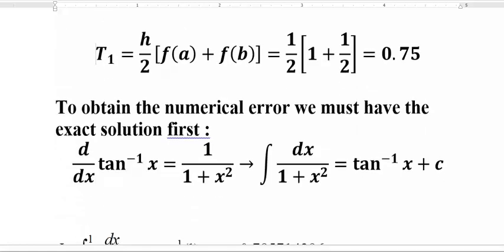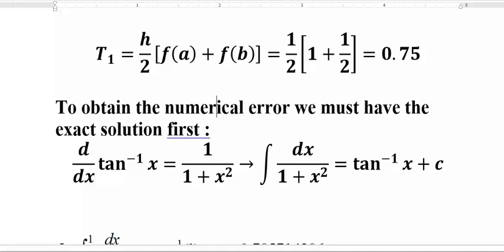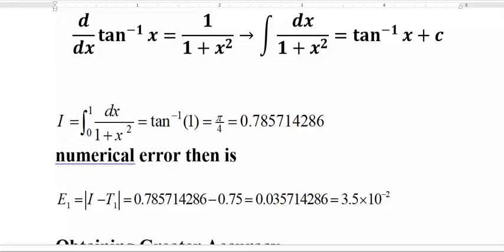To obtain the numerical error, we must have the exact solution. The exact solution for the integration from 0 to 1 of dx over 1 plus x squared is tan inverse of 1, which equals pi over 4, which equals 0.785, and so on.